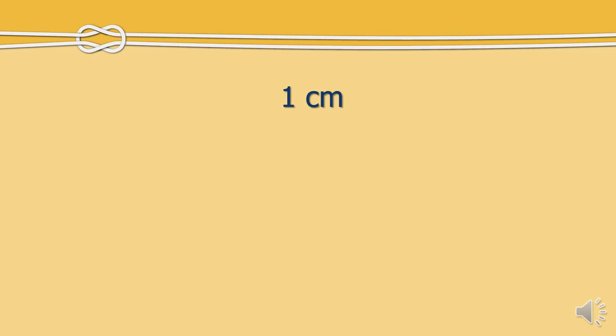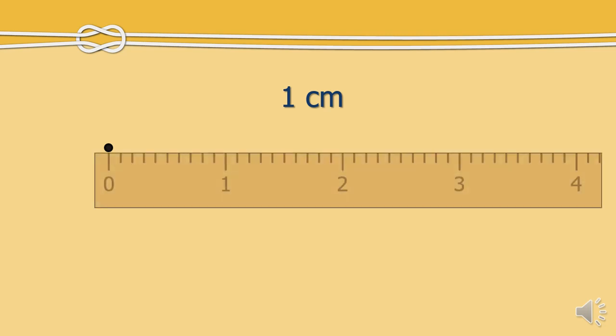All right, now let's talk about how we would draw a line of different lengths. Let's say we want to draw a line that is 1 centimeter long. Well, you would need your ruler, and you would need a starting dot wherever you want to start your line. And you would line up the 0 of your ruler with that starting dot, just like they've done here.